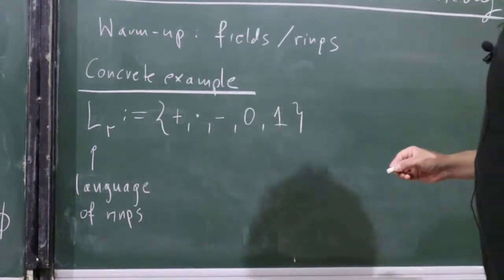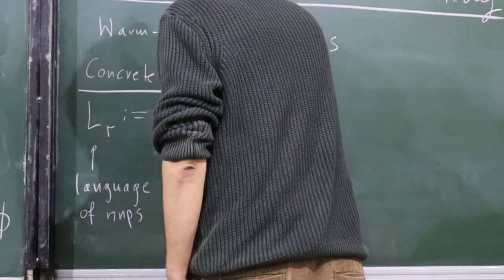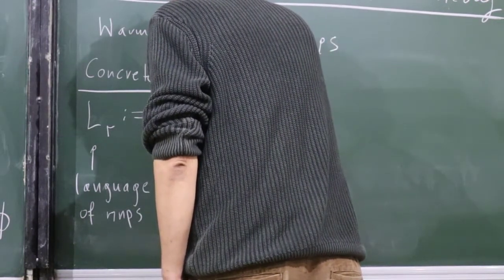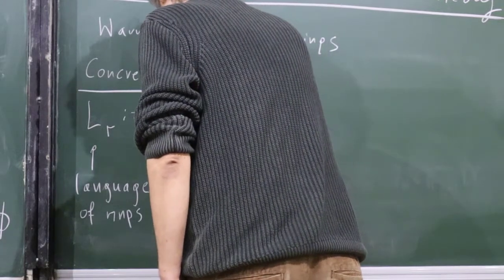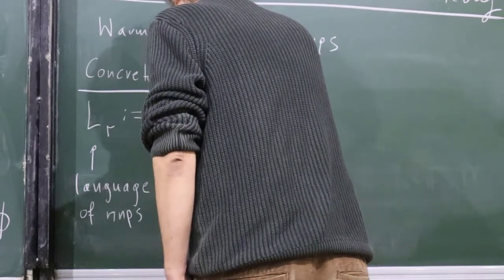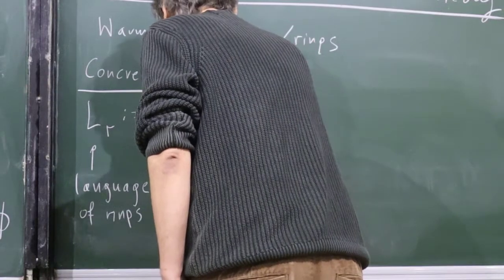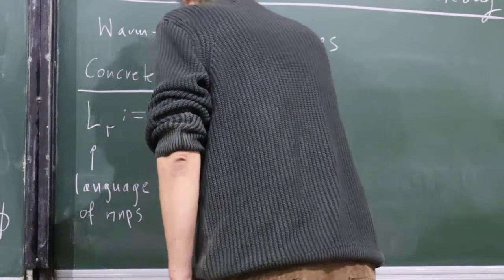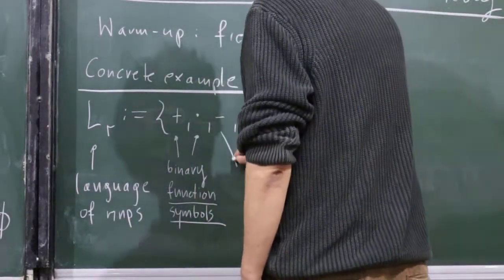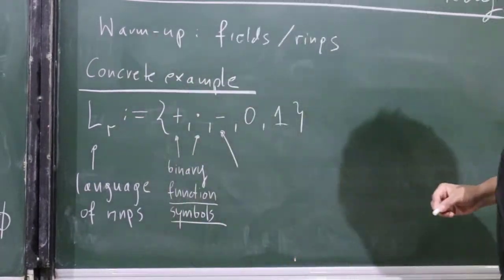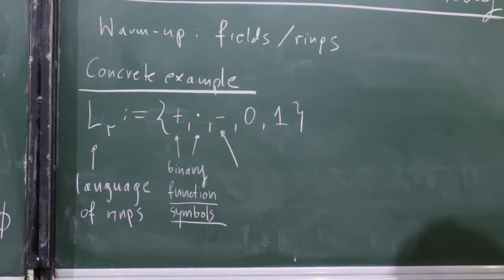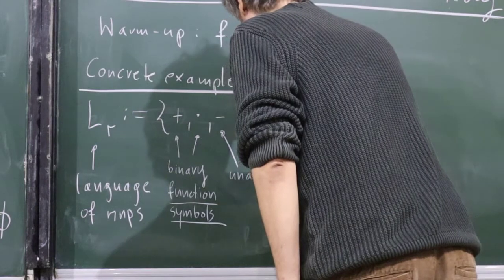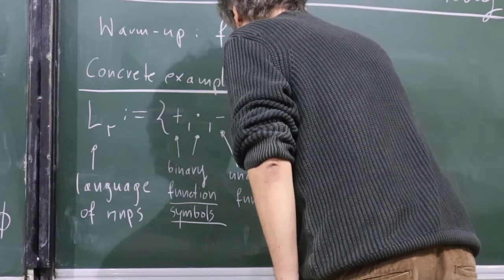So what are they? Maybe the names binary, unary will become more clear in the general definition. This is for me a unary function symbol.